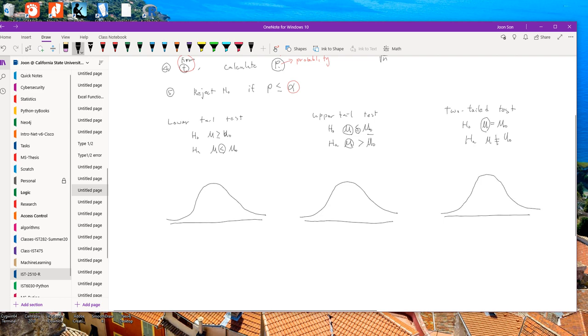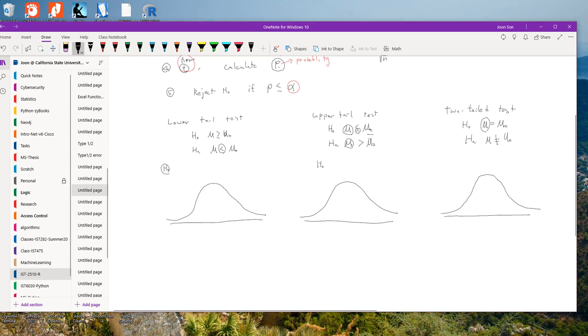Okay, so we're in step number 2, right? We need to decide alpha, right? So let's say we assume that the null hypothesis is true. Our assumption is that the null hypothesis is true for all three cases. That's the assumption we need to begin with.